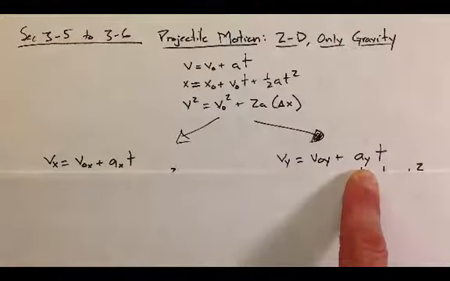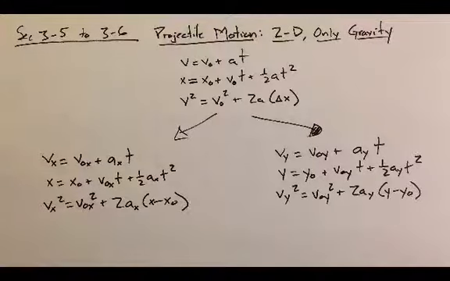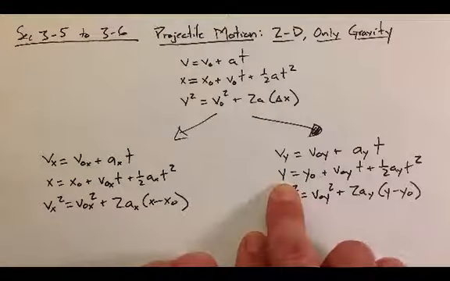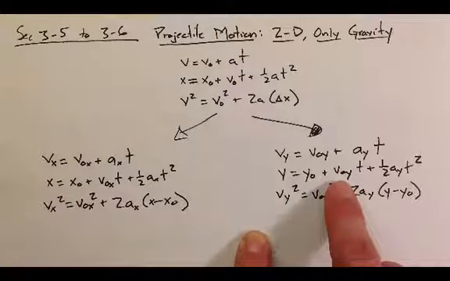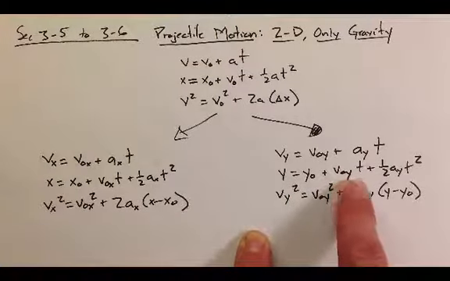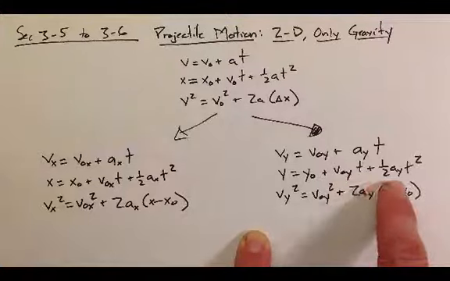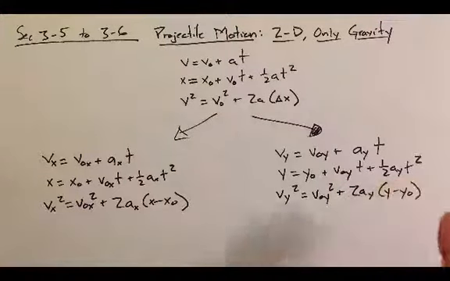Since this equation is true, these two equations must be true, because motion in one coordinate system is independent of the other. And likewise, you can take the other equations and split them up. So you might say that your final y position is equal to initial y position plus your initial velocity in the y direction times time plus 1/2 the y acceleration times time squared.